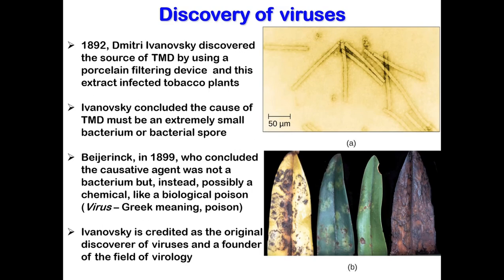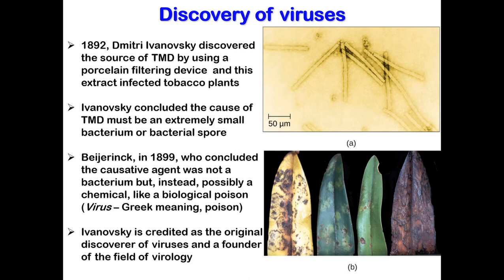Then in 1892, Ivanovsky showed that this disease could be transmitted even after the filtering device had removed all viable bacteria from the extract. Ivanovsky therefore concluded that the cause of TMD must be an extremely small bacterium or a bacterial spore.